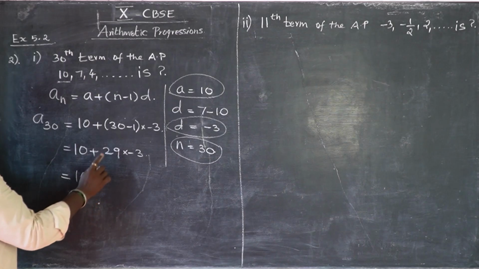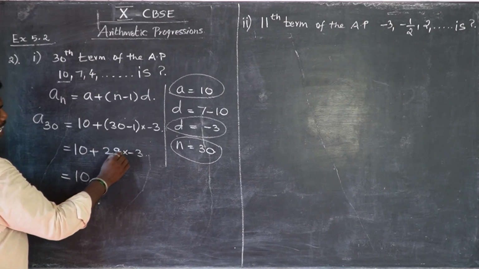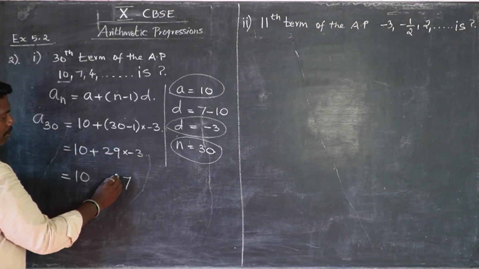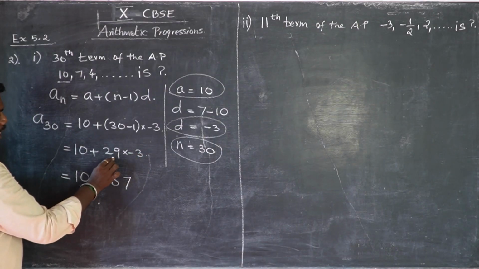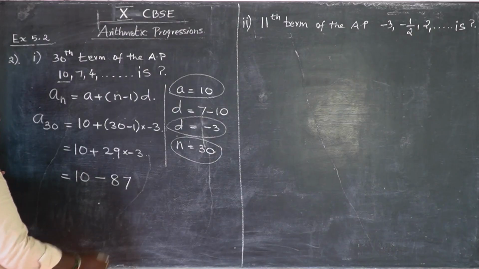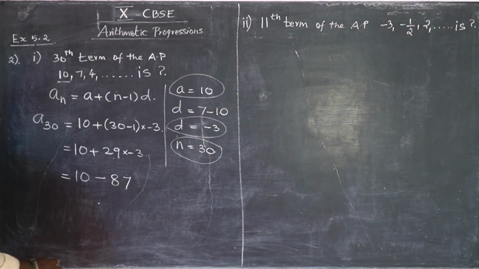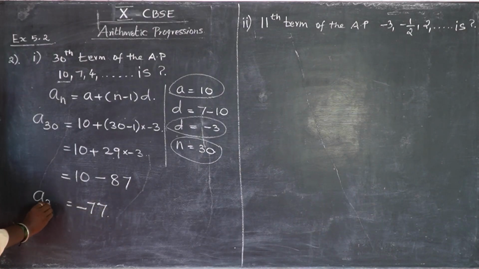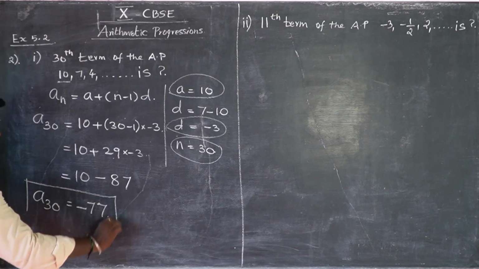Multiply with the 3. 9 3s are 27, balance 2. 2 3s are 6, 6 plus 2, 8. So 29 into minus 3 becomes minus 87. So overall answer, minus 87 plus 10 becomes minus 77. This is the 30th term.